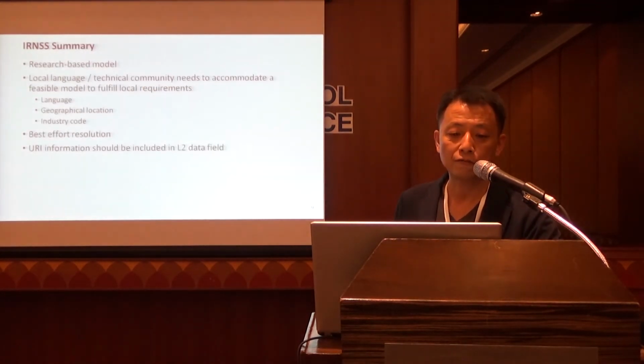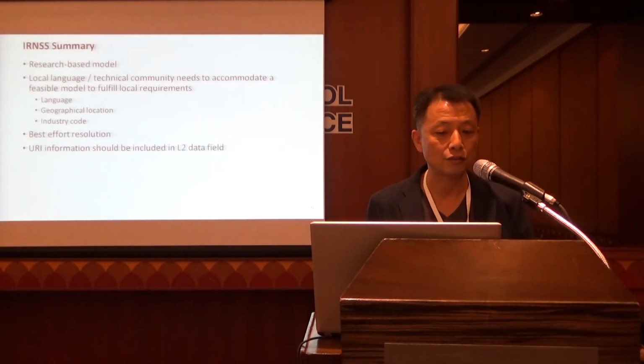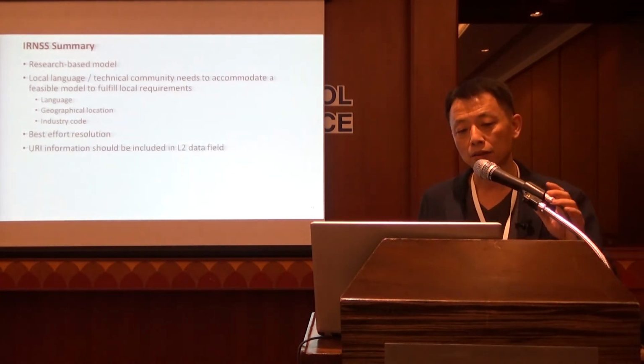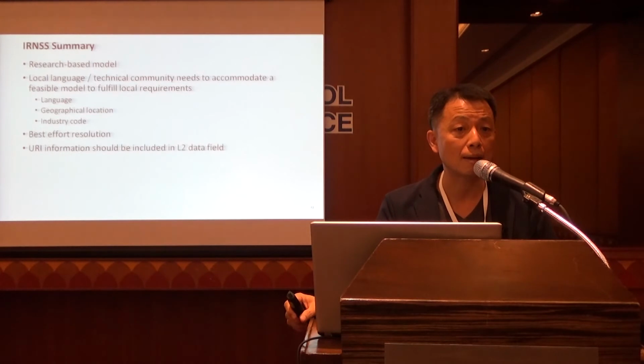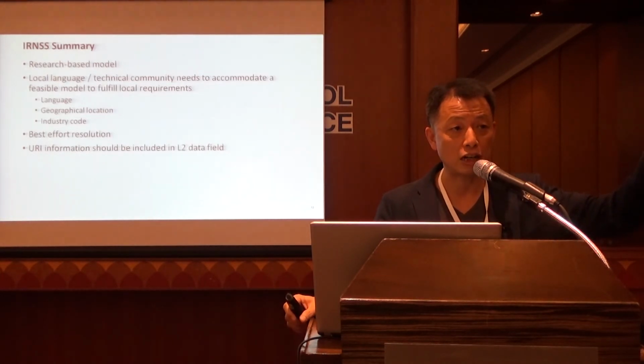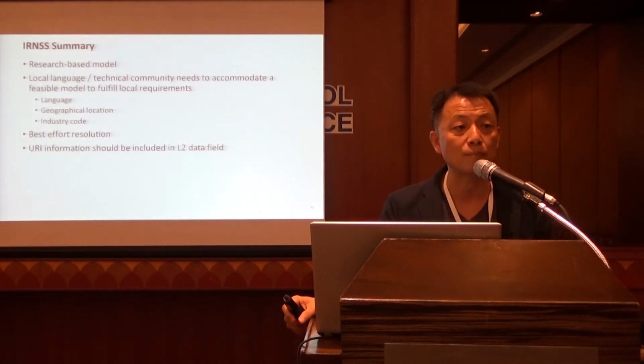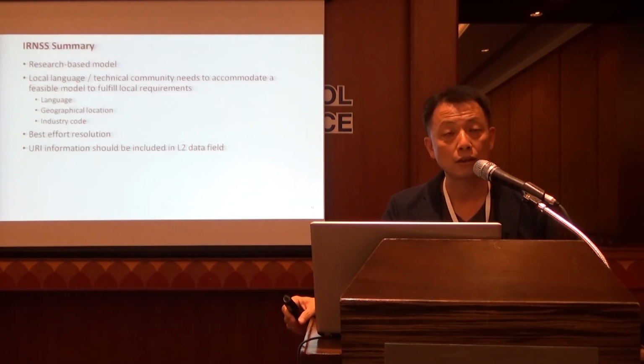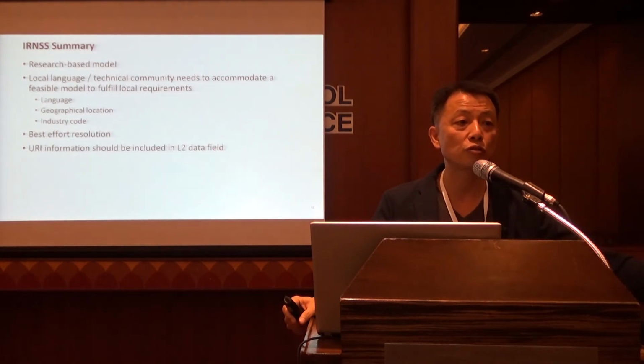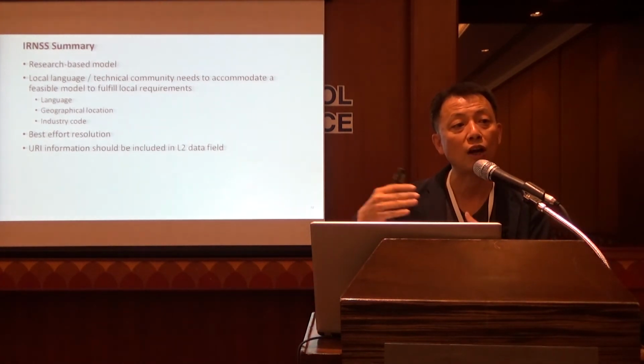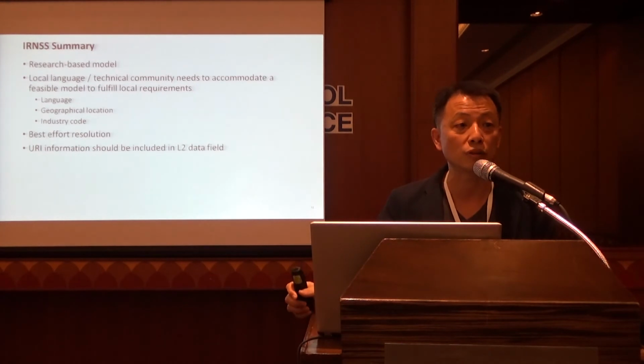Okay, let me try to finalize with an IRNSS summary. So basically, it's a research-based model. As I mentioned, we classify IRNSS into different attributes, for example by language, by industry, by location. And we didn't go one step further to distinguish what happens if different attributes overlap.